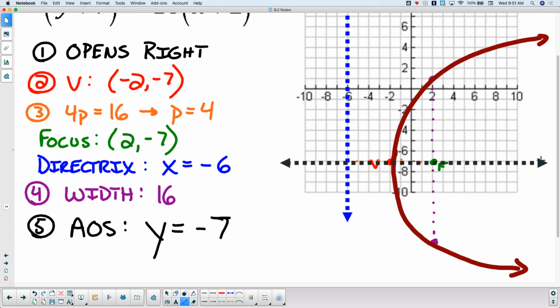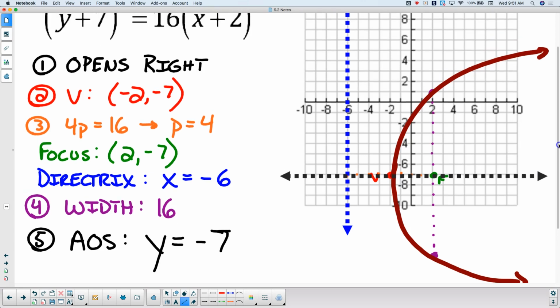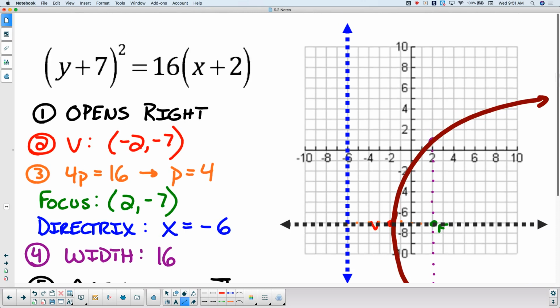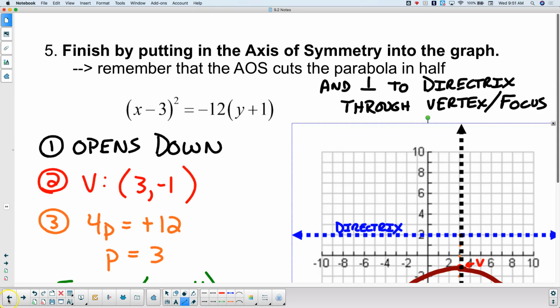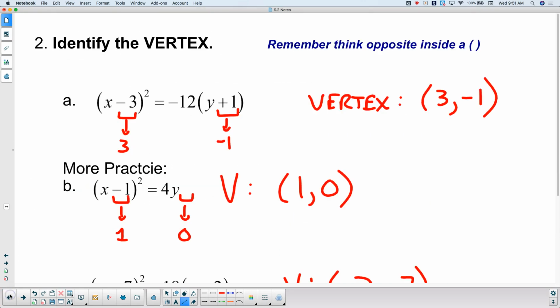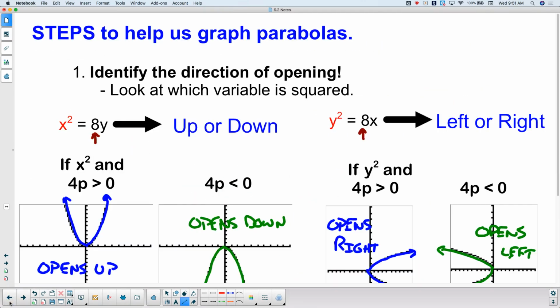How do you know if it opens right? The first thing that I have to look at is, let me get back to step number 1, I look at which variable is squared. So if x is squared, it opens up or down.